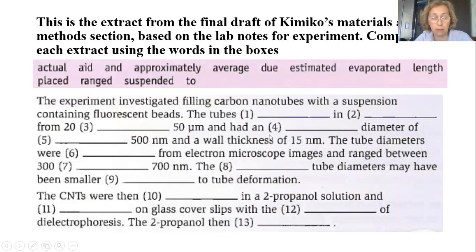Okay. And had an approximately diameter of. Средний диаметр, давайте возьмем. Average diameter of, приблизительно, approximately 15 nanometers and the wall thickness of 15 nanometers. Then? The tube diameter were placed.